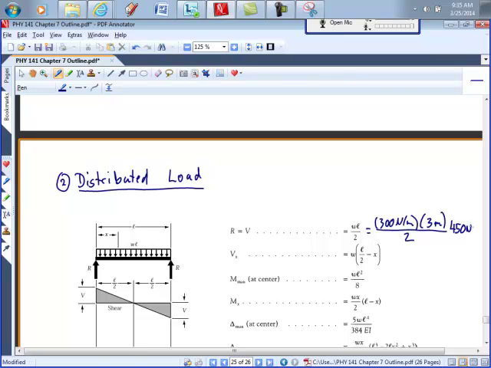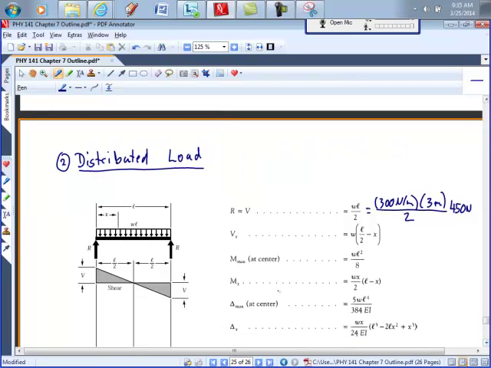So 450 newtons. So that's going to be the support reaction and the maximum shear. Okay, I have equations for the shear force. It's just basically going to be this straight line. My maximum moment, this is again from the same one we derived, so it's WL squared over 8.